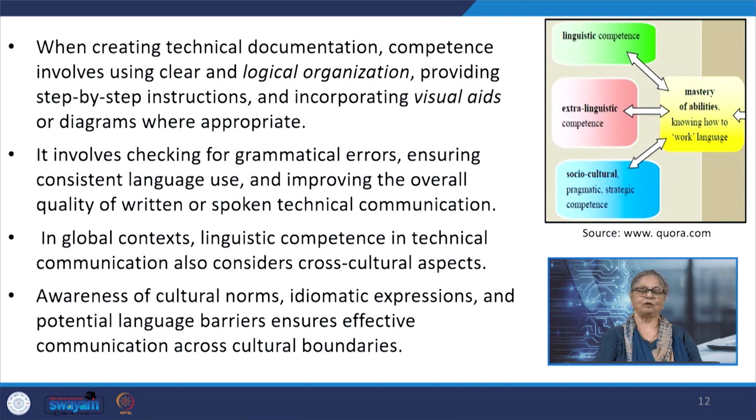It also involves checking for grammatical errors, ensuring consistent language use, and improving the overall quality of written or spoken technical communication. In a global context, linguistic competence in technical communication also considers cross-cultural aspects. An awareness of cultural norms, idiomatic expressions, and potential language barriers ensures effective communication across cultural boundaries.